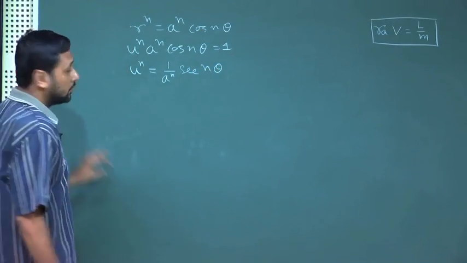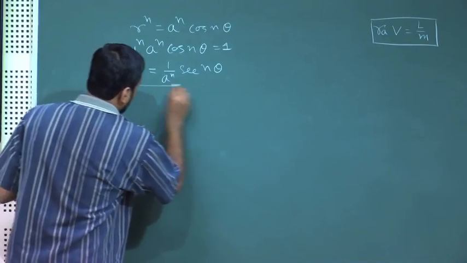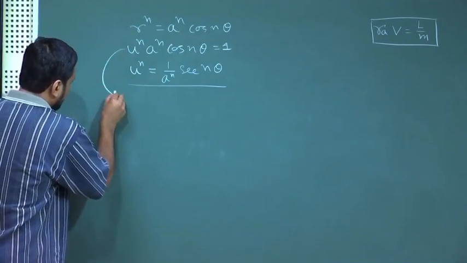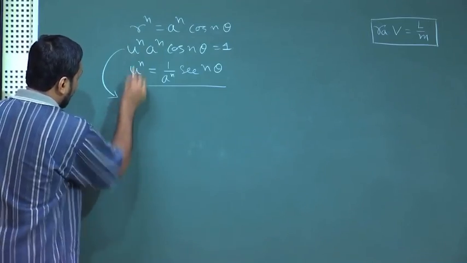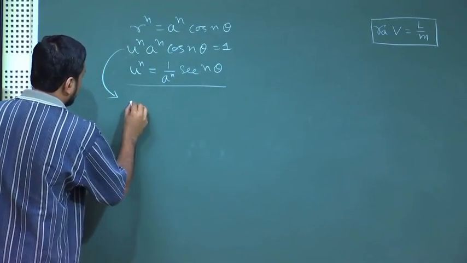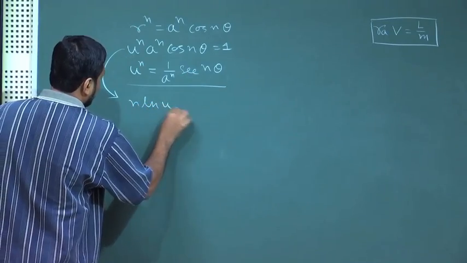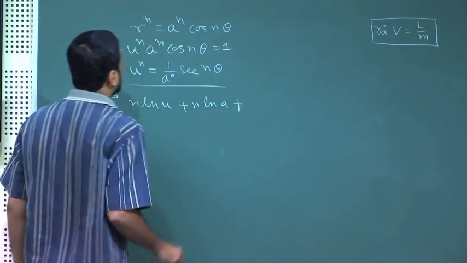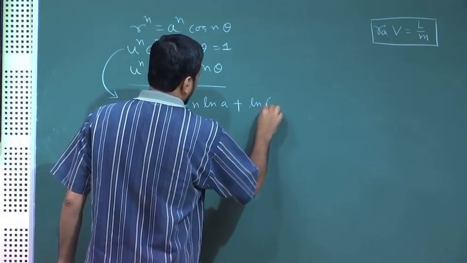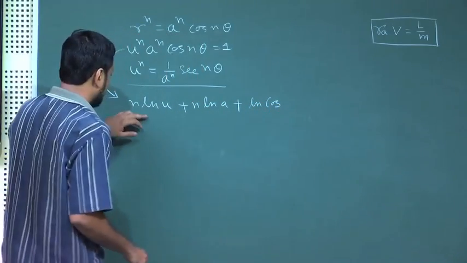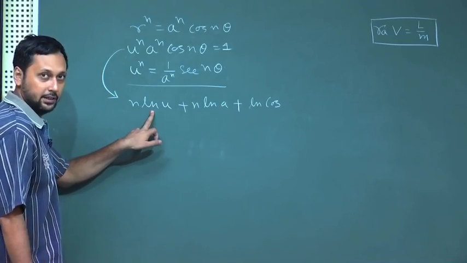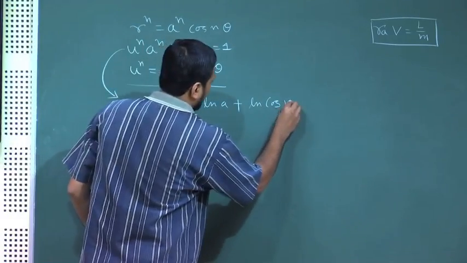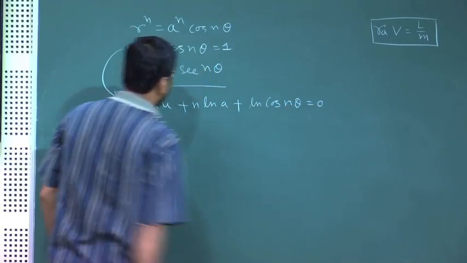We will use this later on. Let us take this and take the logarithm of this equation. We are taking log in the base e, so it is ln u plus ln a plus ln cos n theta equal to 0.